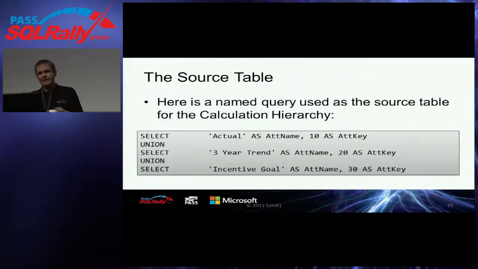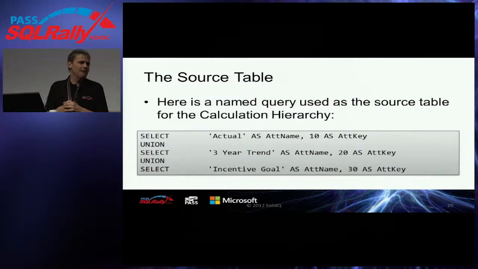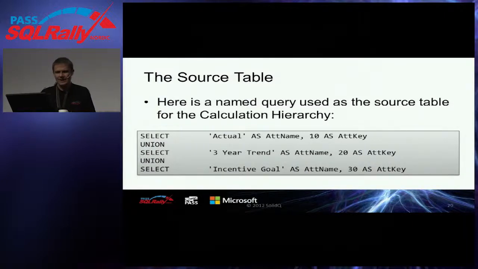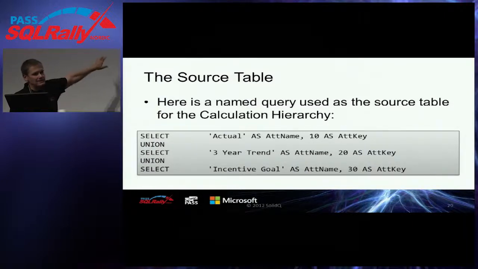Now, you need a source table for your calculation hierarchy. Actually, you don't. You can create them as members right in the MDX script. But I prefer to have a source table, and often my source table isn't really a table, it's a query in my data source view, where I say I'm going to have 2 calculations and my default.